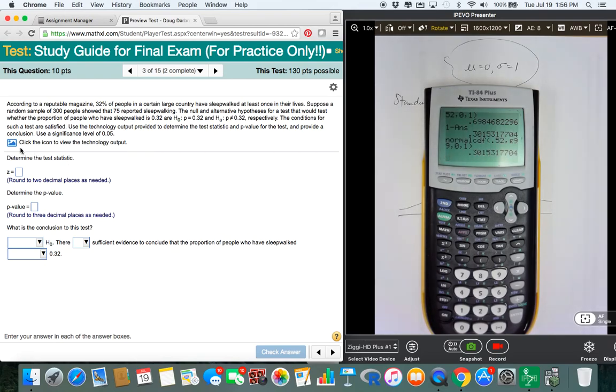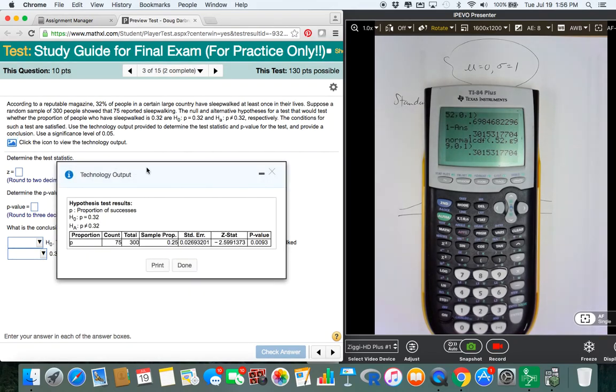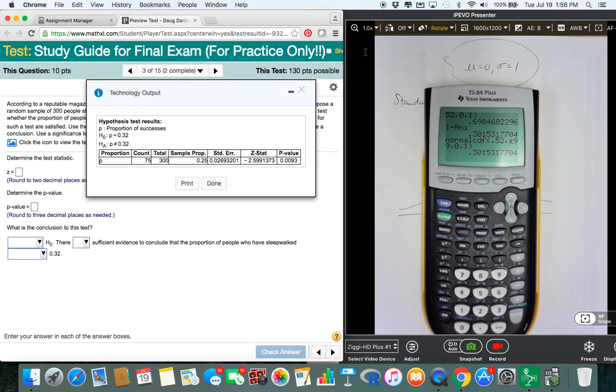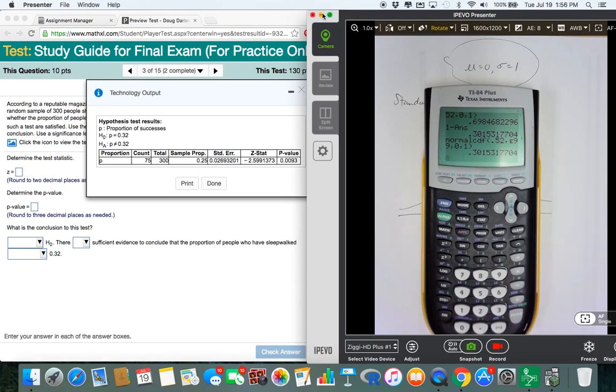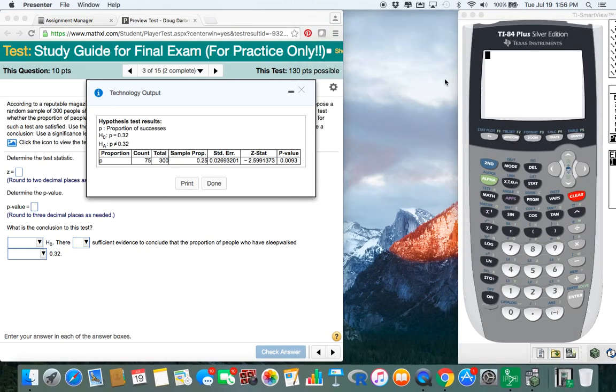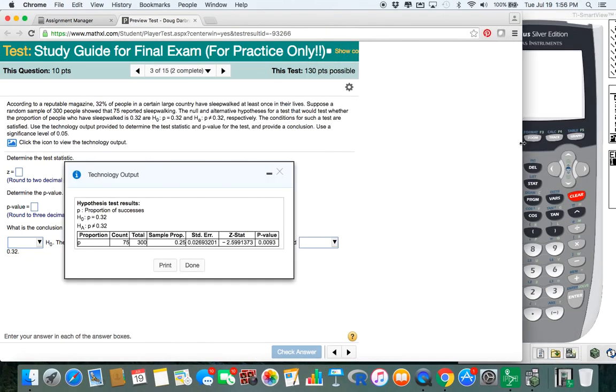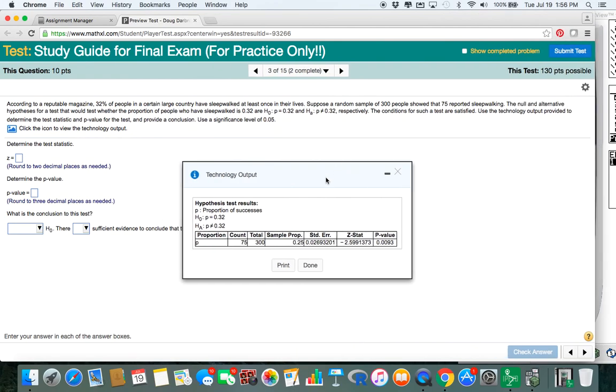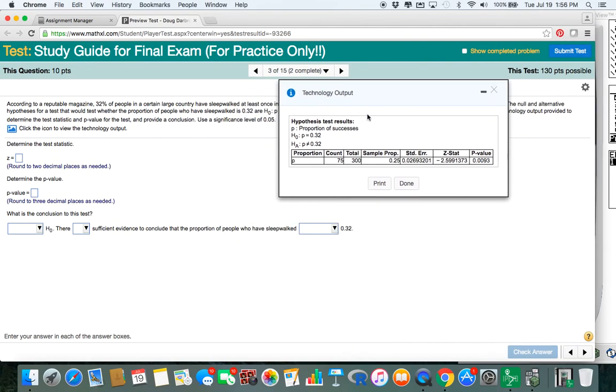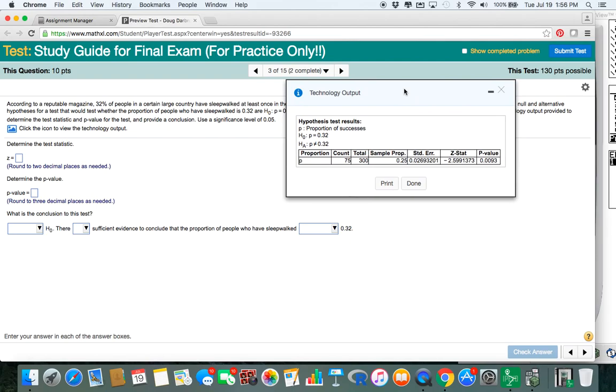Look at the technology output. All right, so let me put this down there. I'm going to make this a little bit larger, and I'm going to move the technology output right there. So this is what you're going to see, something like this, if you put this information in your calculator.